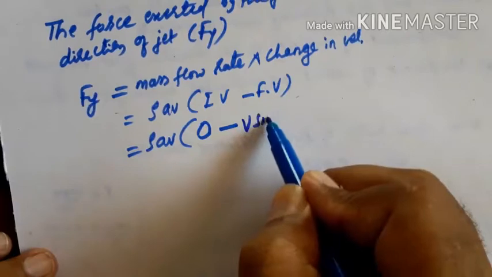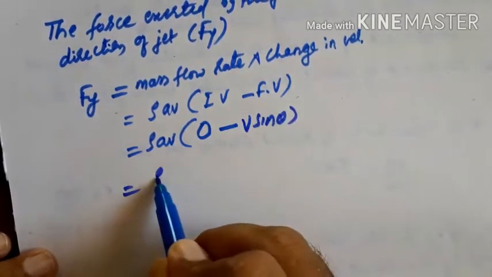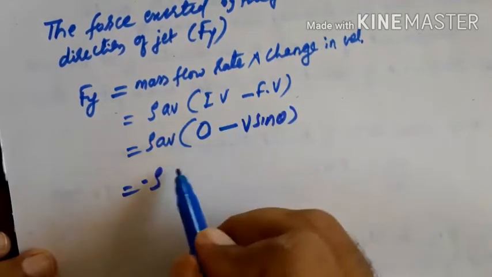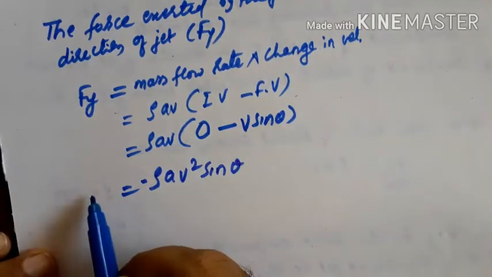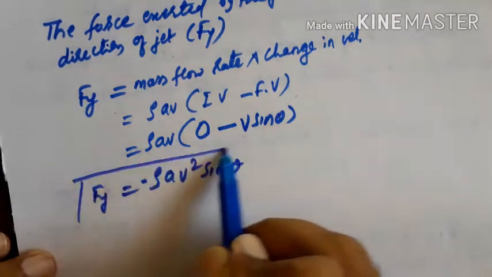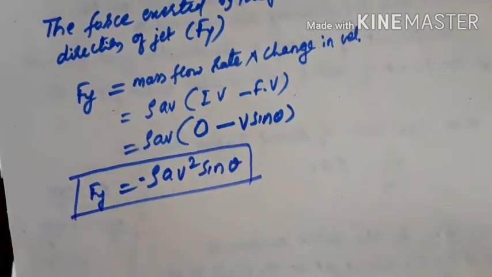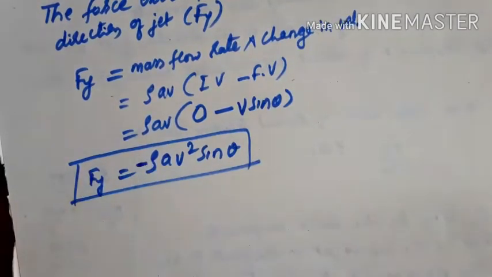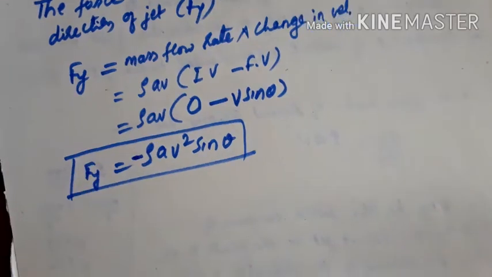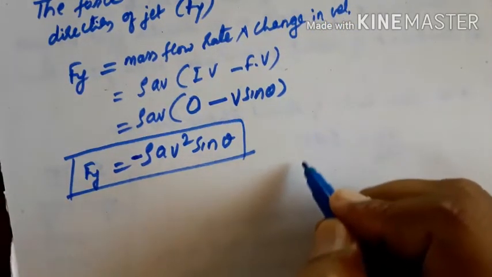So this is 0 minus v sine theta, and we get Fy equals minus rho a v square sine theta. The negative indicates the force is acting in the negative y direction, that is, downward.